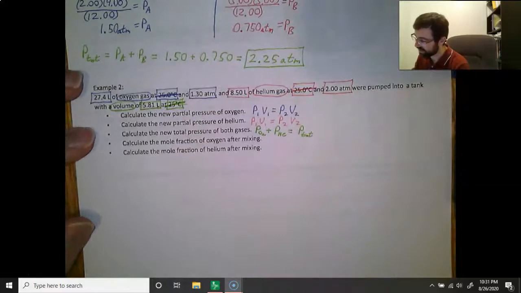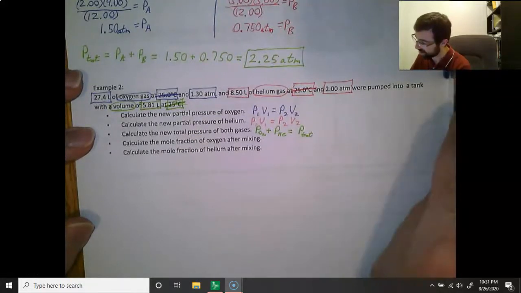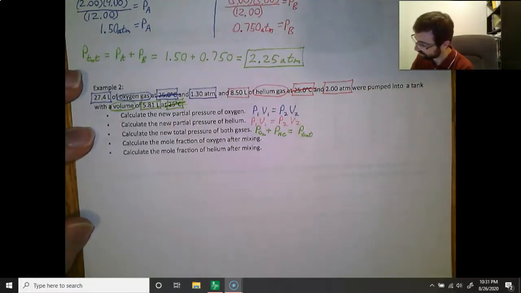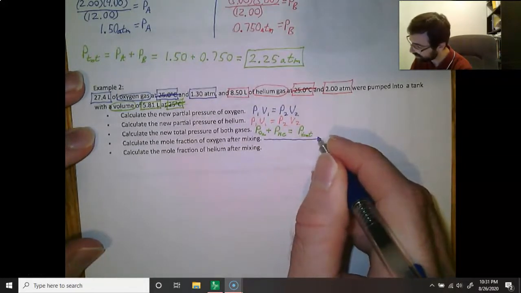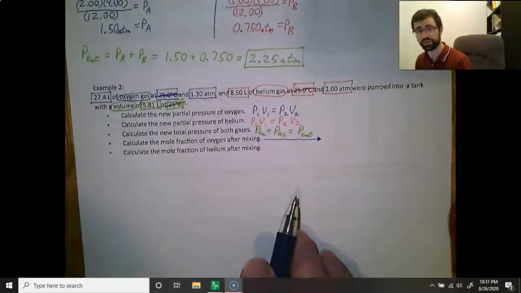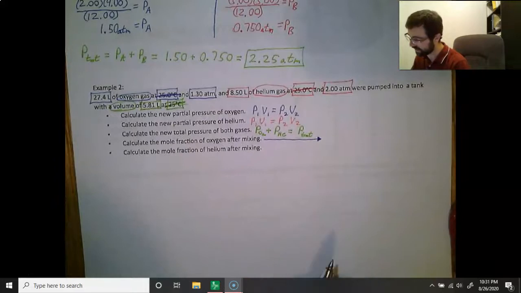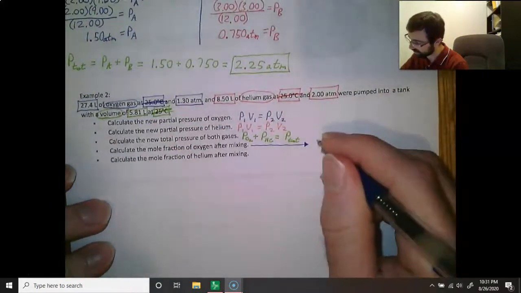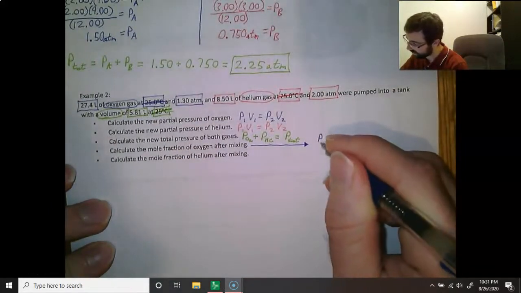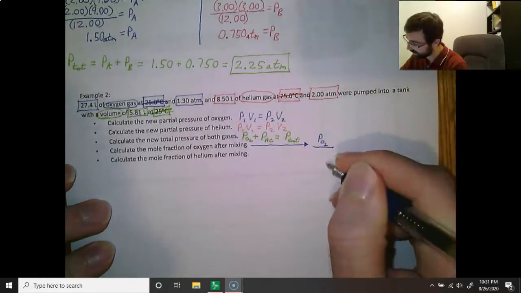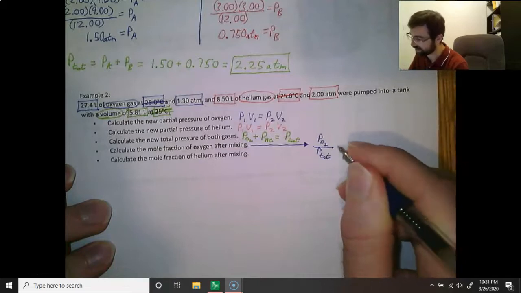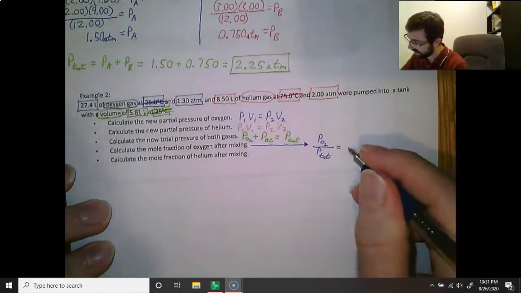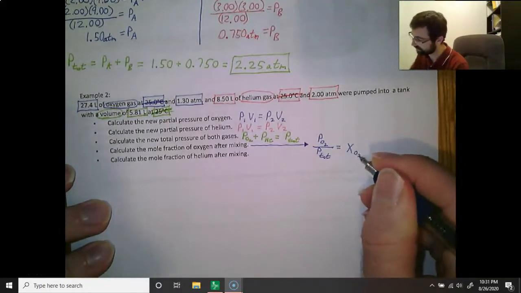I need to calculate the mole fraction of oxygen after mixing. So let's just write that over here. The mole fraction, remember, comes from taking your partial pressure divided by your total pressure. So I'm going to say my pressure of O2 divided by the total pressure equals X of O2.